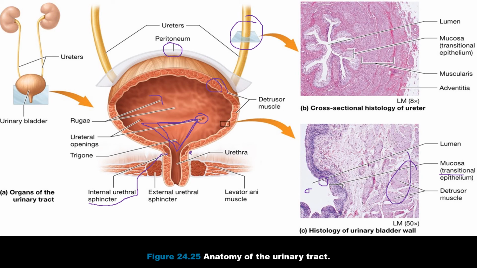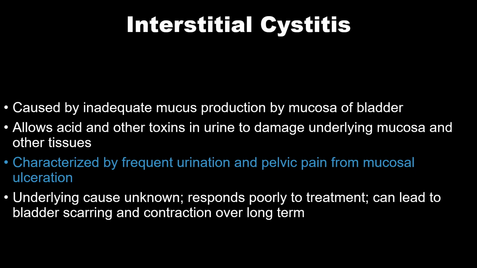Now, as I said, inadequate mucus production results in a condition called interstitial cystitis. This allows acids and other toxic substances to damage the underlying mucosa, right? IC is characterized by frequent urination and pelvic pain coming from mucosal ulcerations, not lacerations, ulcerations.